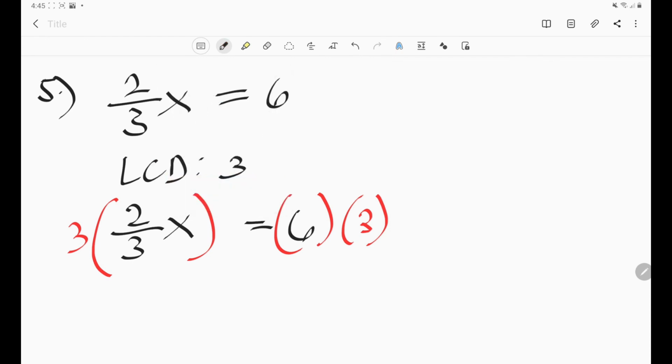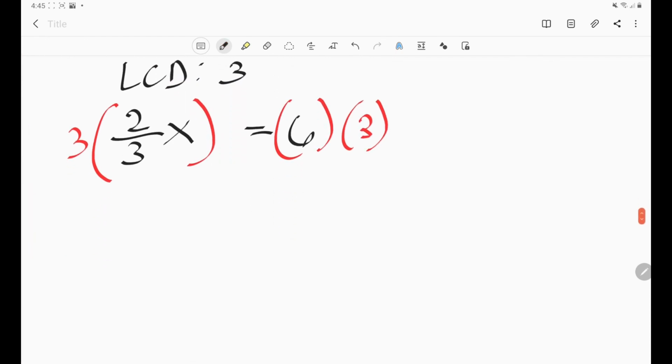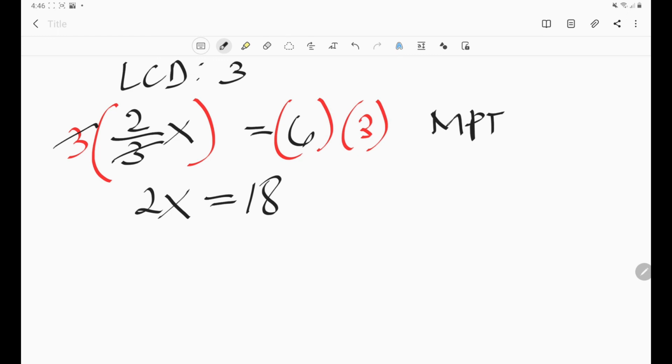So the result is 3 times 2/3 x is 2x, because 3 divided by 3 is 1, and 6 times 3 is 18. Okay, and by the way, what we did here in the previous step is the multiplication property of equality. Now we have 2x equal to 18.